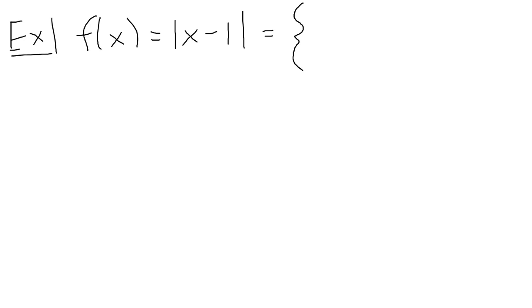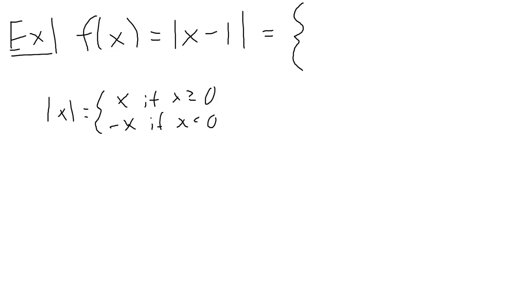That is a function, and it is actually a piecewise defined function because it's two different functions on two different intervals. So if we remember, the absolute value of x is x if x is greater than or equal to 0, and it's minus x if x is less than 0.